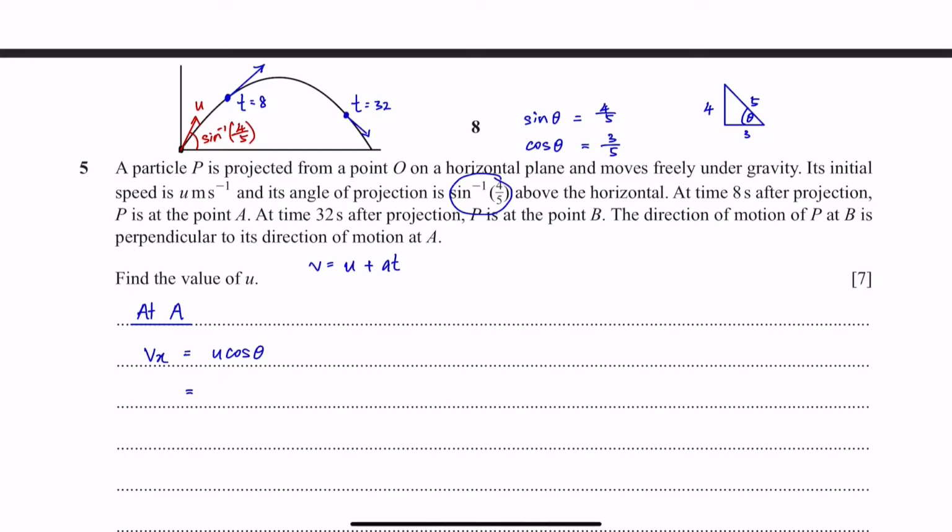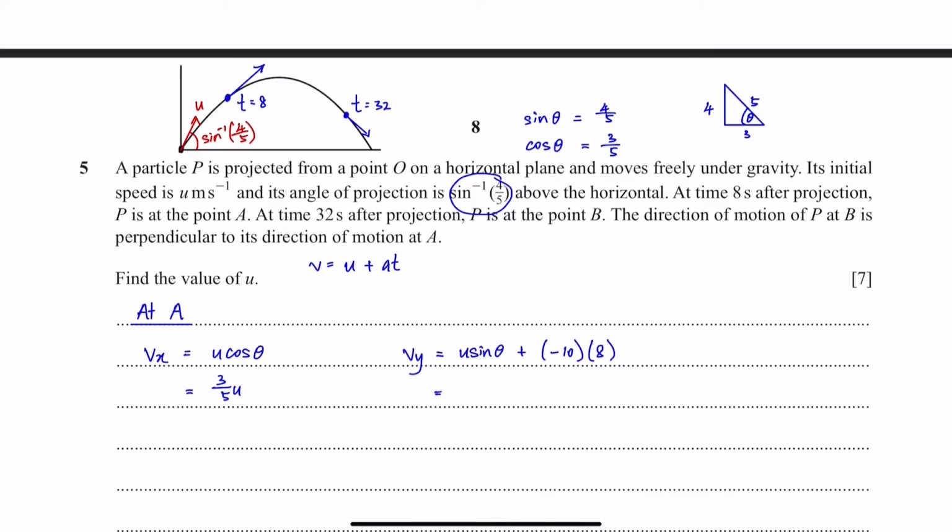Alright, so our Vx would be 3 over 5 u. And Vy is equal to u sine theta plus a, which would be negative 10, and t would be 8.